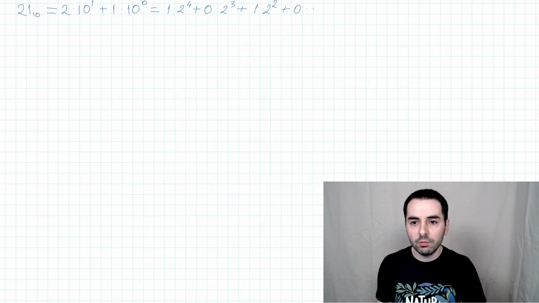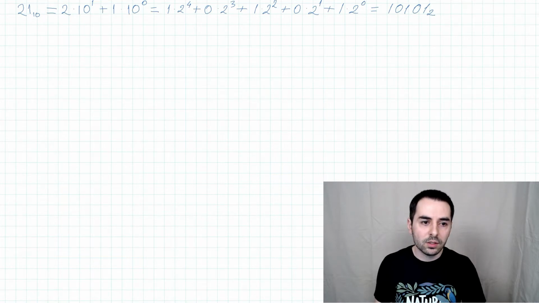So 0 times 2 to the power of 1, and finally 1 times 2 to the power of 0. If we take the factors for each position, it's 1, 0, 1, 0, 1. So 21 in decimal is 10101 in binary.